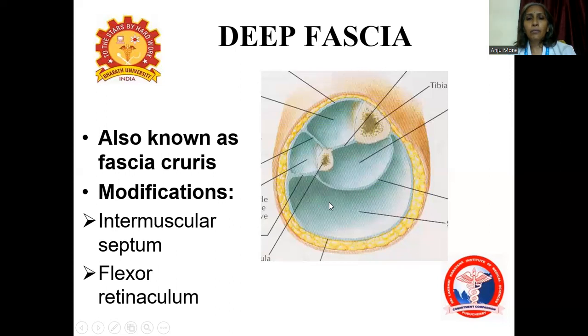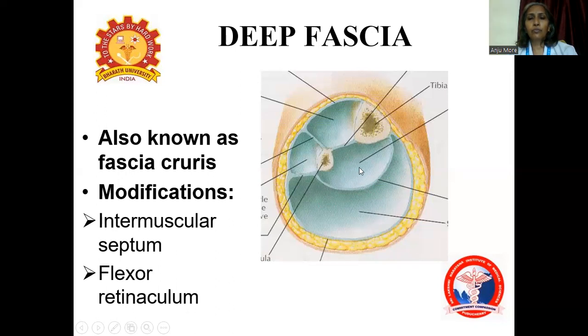The posterior compartment of leg itself is divided by another intermuscular septum here into a superficial region and a deep region. So the regions will respectively contain the superficial set of muscles in the calf region and the deep muscles in the calf region.